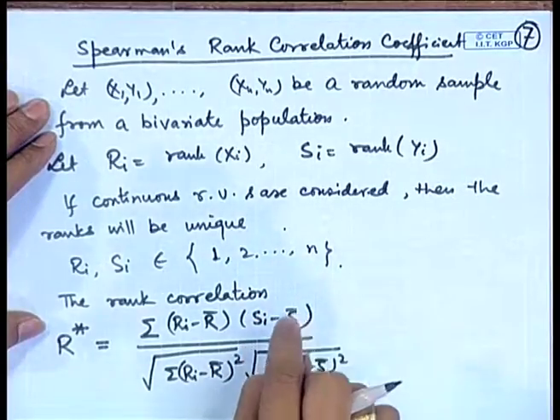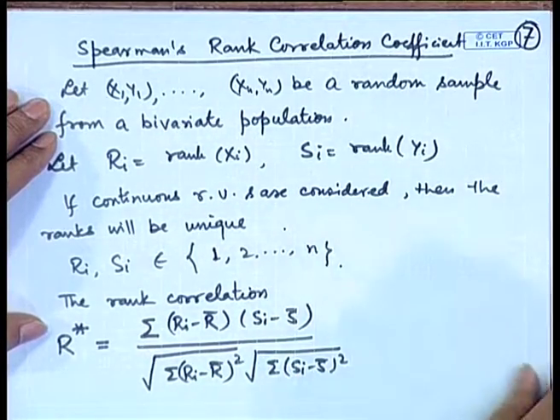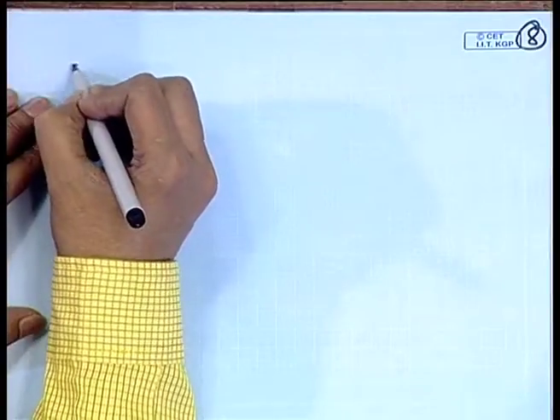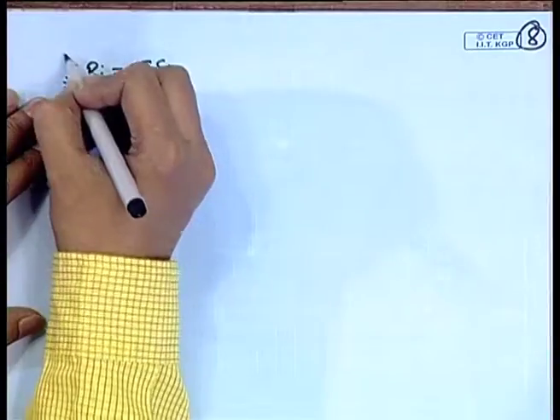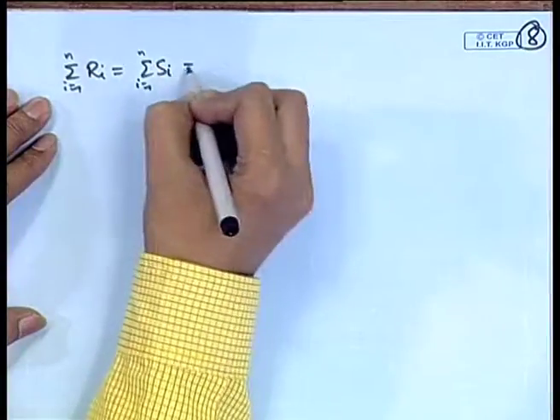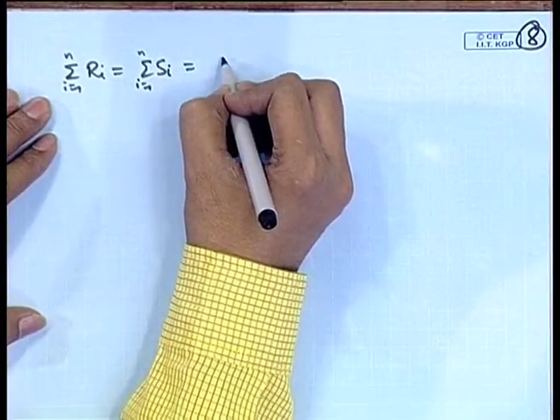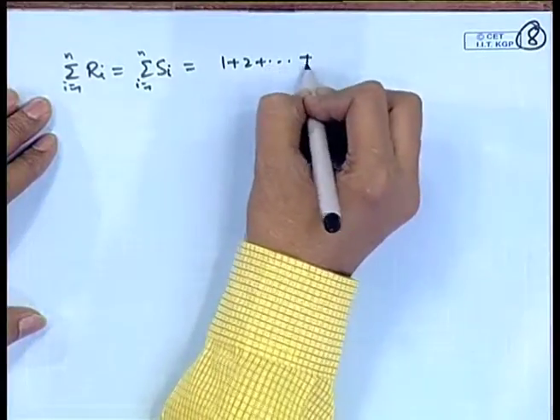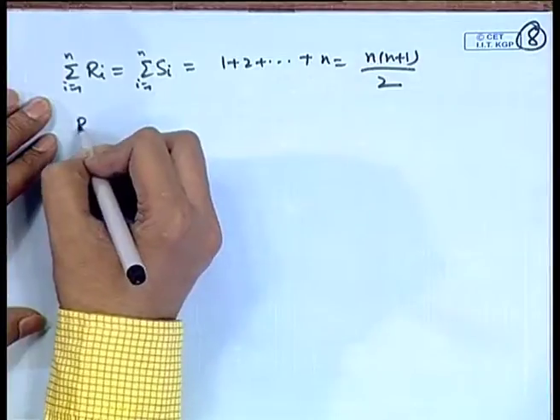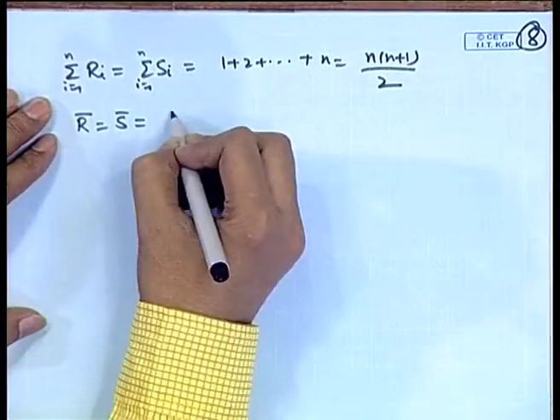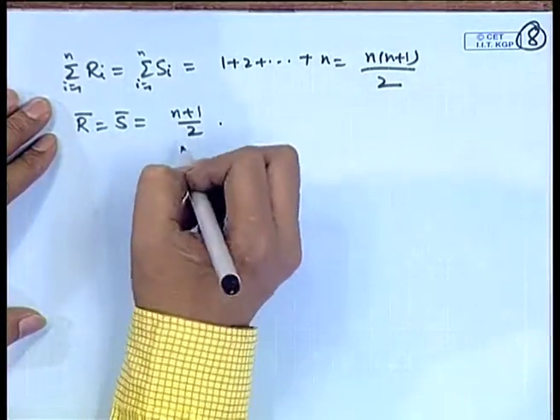Therefore, all these quantities can be actually evaluated. So, we can see here sigma Ri or sigma Si is equal to 1 plus 2 plus up to n, that is n into (n plus 1) by 2. So, R bar and S bar they will become (n plus 1) by 2.